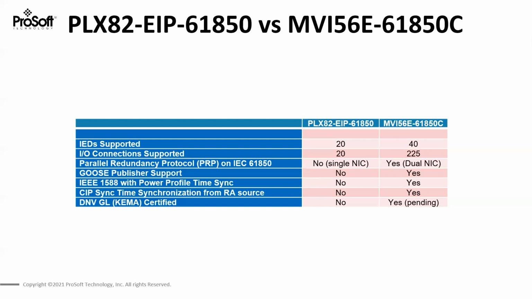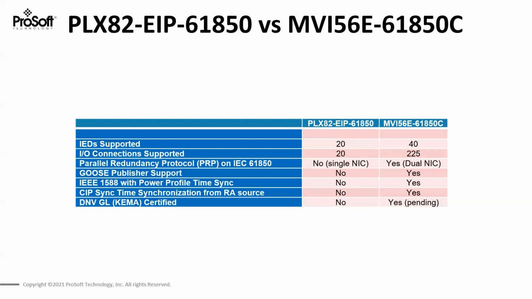We've also been able to add PRP, or parallel redundancy protocol, as a lot of the protective relays on the market have come to support that protocol. It was a limitation that we did not support on our previous solution, and we do support it on this new module.